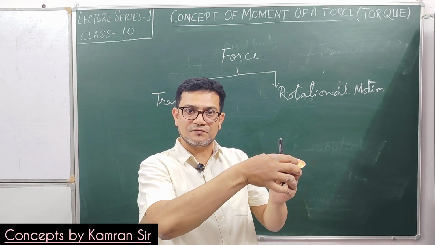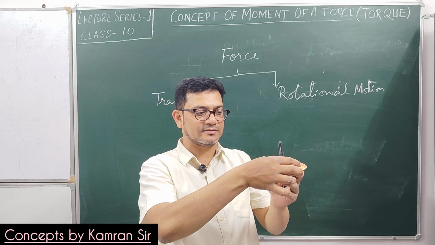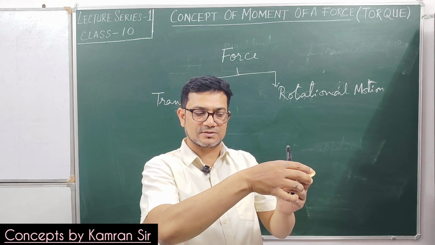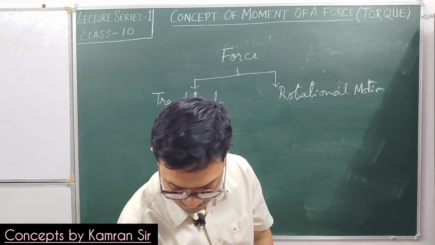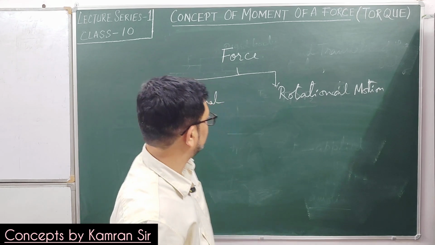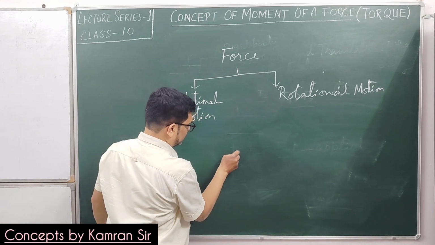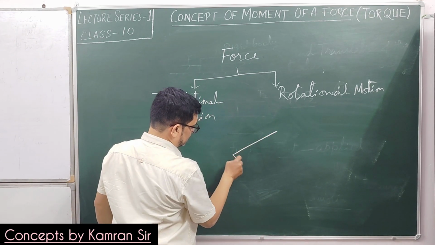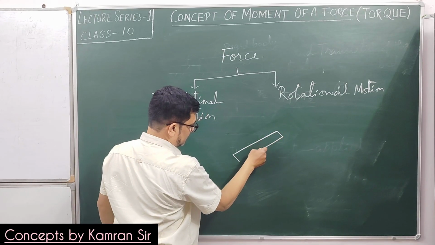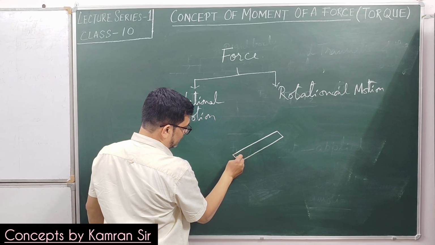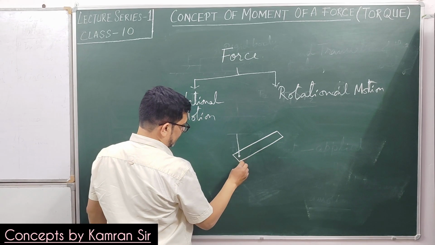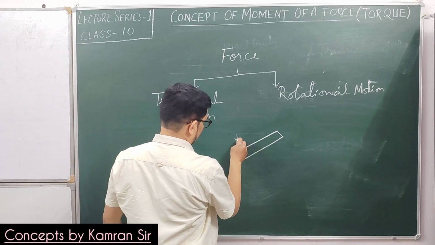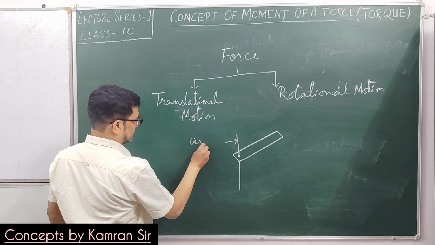So this point is fixed, one end is fixed, and the distance is also fixed. And now you apply a force. So if you draw the diagram, suppose you take a rod like this and you ensure that you fixed one end, and this is the axis of rotation.